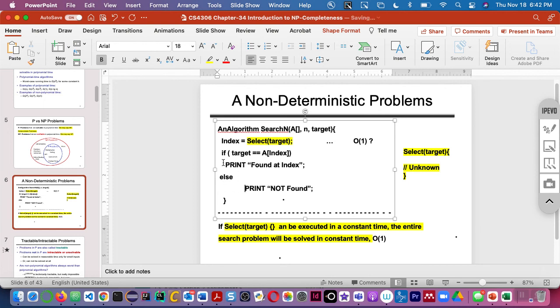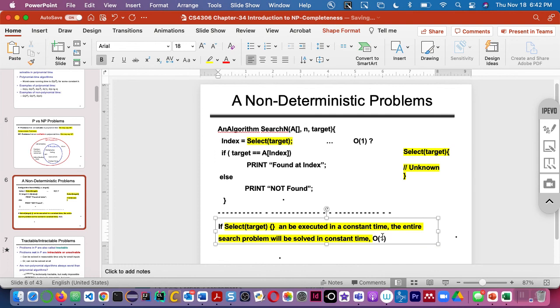So if this can be solved in constant time, then this will take constant time, and this will take constant time. So the entire searching algorithm can be solved in constant time.